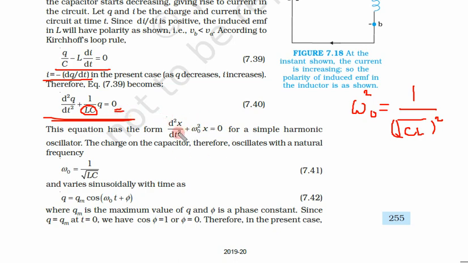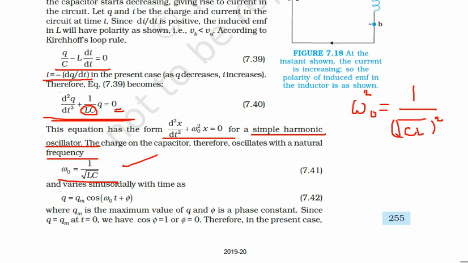When we compare this equation with d2x upon dt square plus omega 0 square x is equal to 0, which is an equation for a simple harmonic oscillator, what we get is omega 0 is equal to 1 upon under root LC, as we have got already. The charge on the capacitor therefore oscillates with the natural frequency.